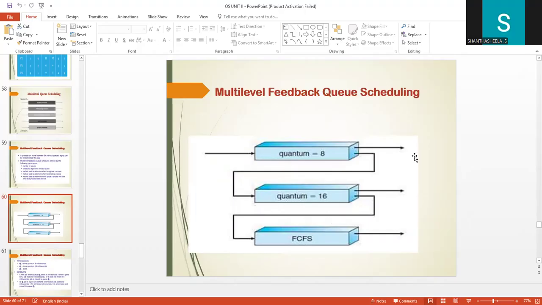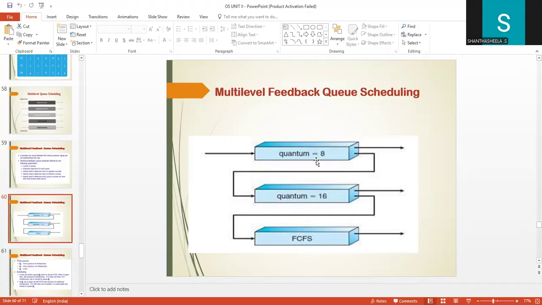The next queue is given a time quantum of 16 seconds, and in the lowest queue, all the processes will be scheduled using the FCFS scheduling algorithm. All the processes in the top queue, which has a time quantum of 8, will obviously be scheduled using round robin scheduling.